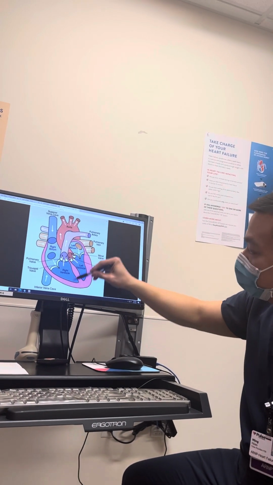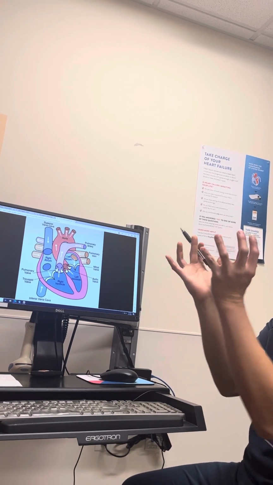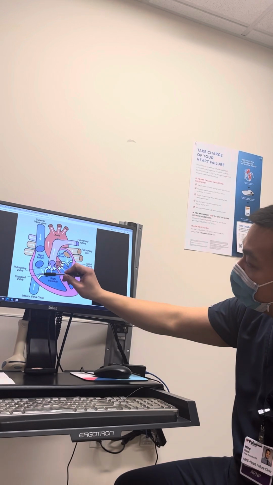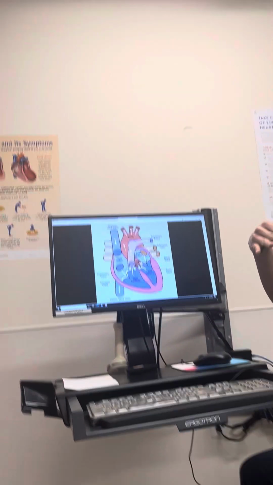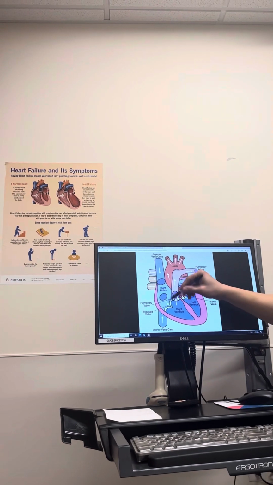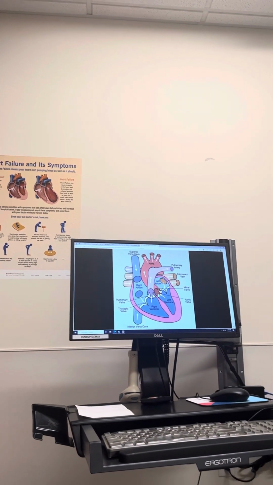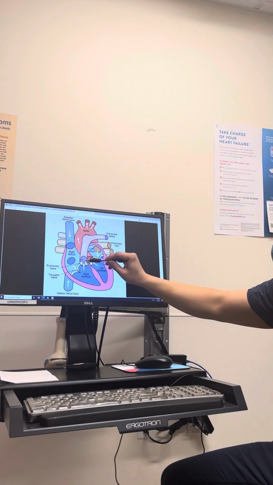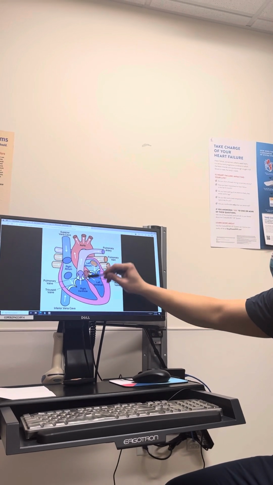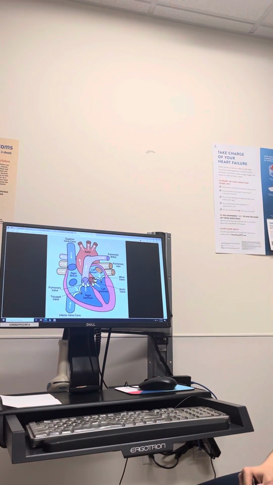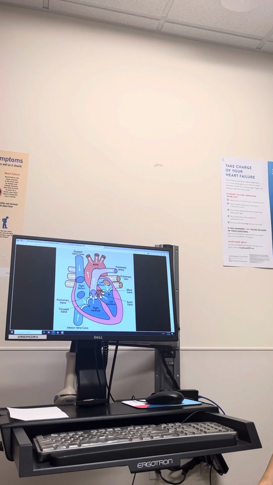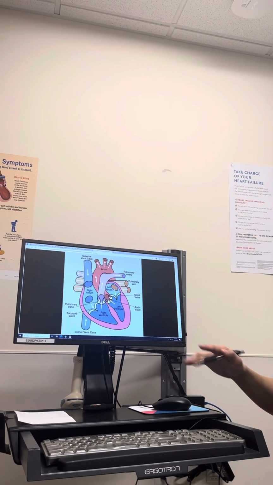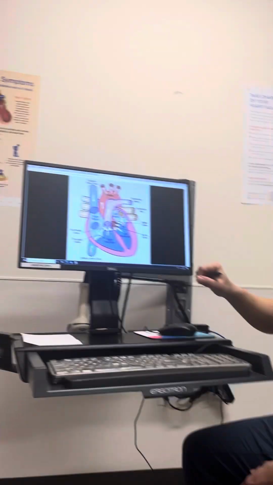When this right ventricle gets dilated out, your valve here starts, instead of like this, it's like this now. And so it's leaking backward to the right atrium. Okay, so you have a leaky valve here. You also have a leaky valve here because of the back pressure pushing backward. Got it. Overall, okay?